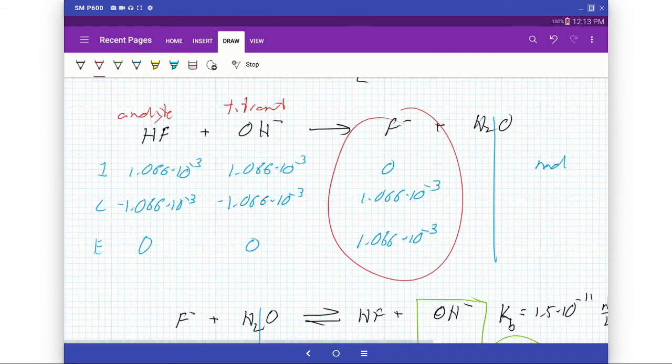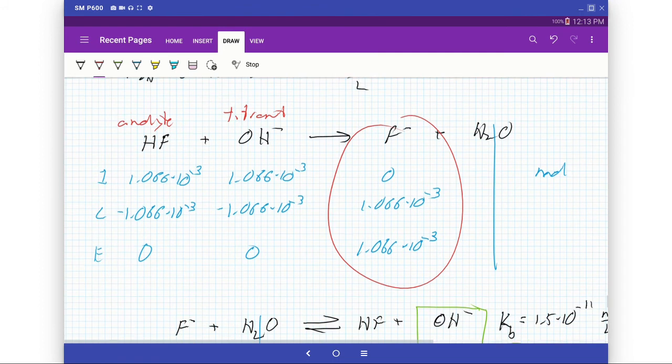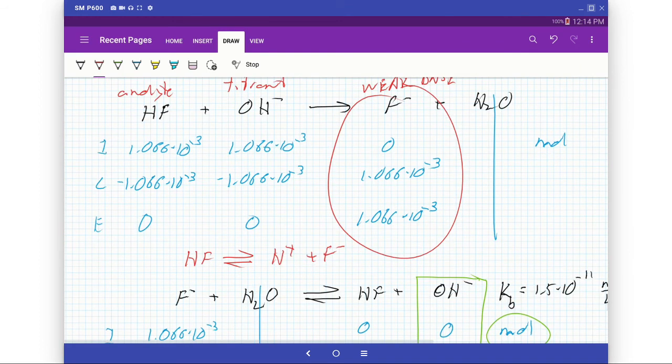What I have is a weak base. Oh, okay. Right? So realize the fluoride has the acidic reaction, that HF is in equilibrium with H plus and F minus, and that's what we used previously. Or the basic reaction, and that's the one we used here because we're starting with F minus, not HF. Okay. Good? Good question. Excellent.